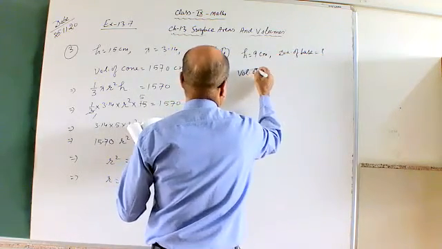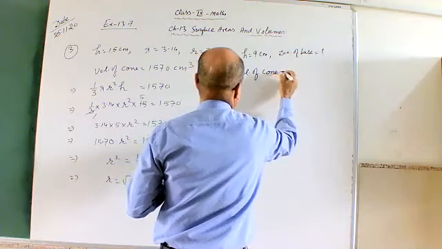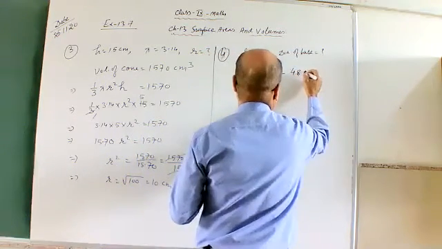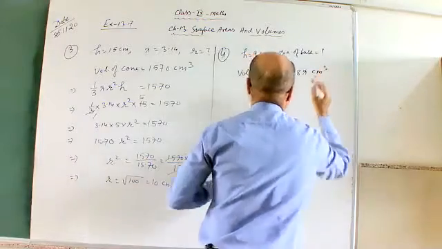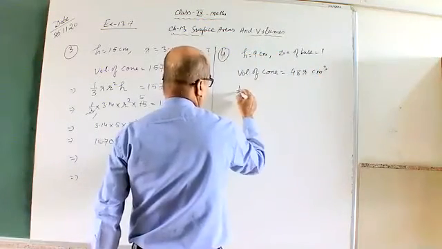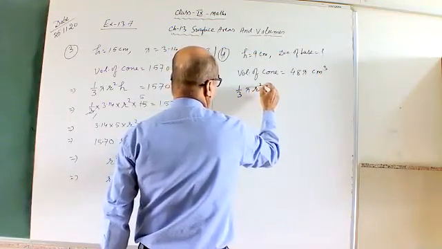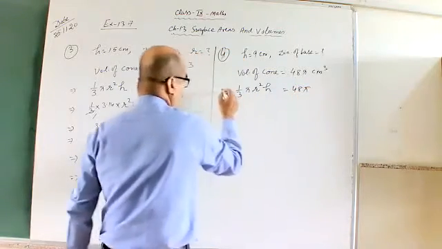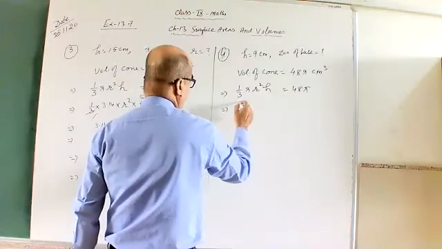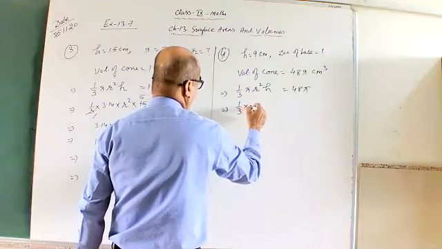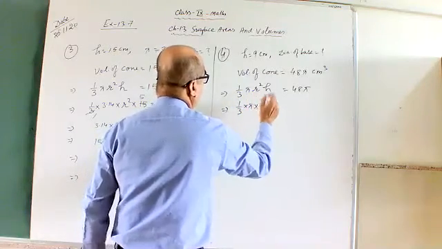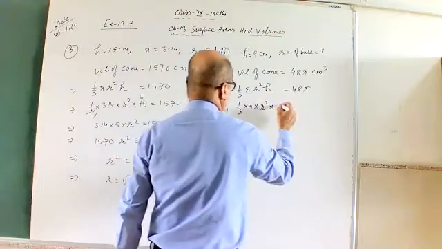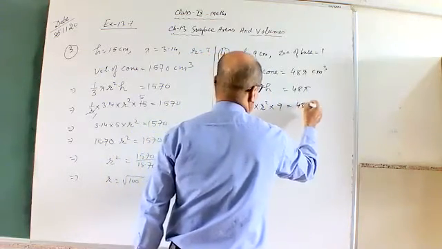Volume of cone is 48.5 centimeter cube. So volume of cone is 1 by 3 pi r square h is equal to 48.5. It is given, right? So 1 by 3 into pi into r square, we need to find the radius, and h is equal to 9, is equal to 48.5.